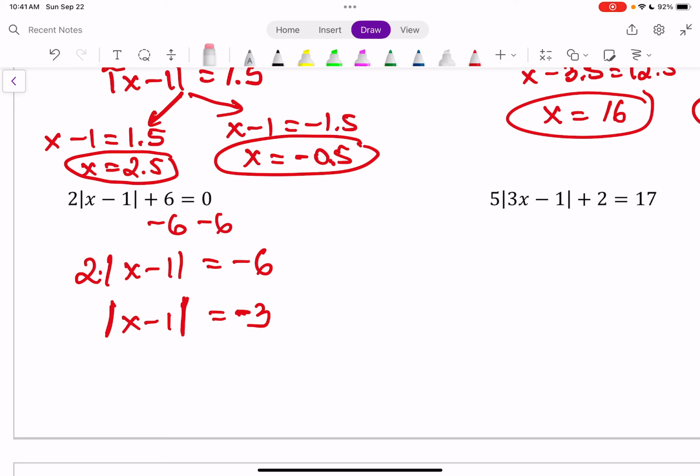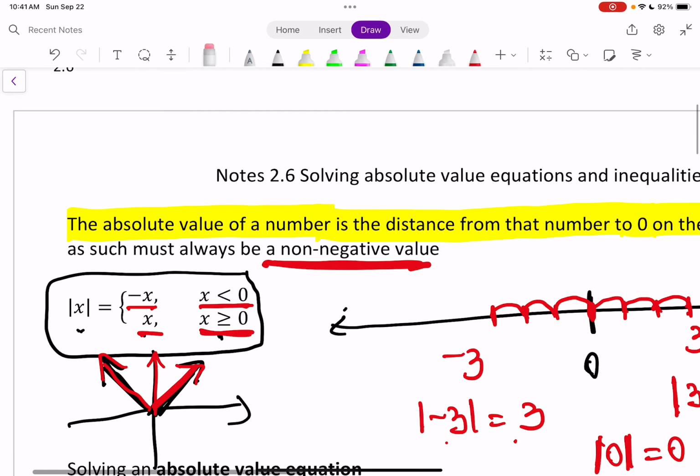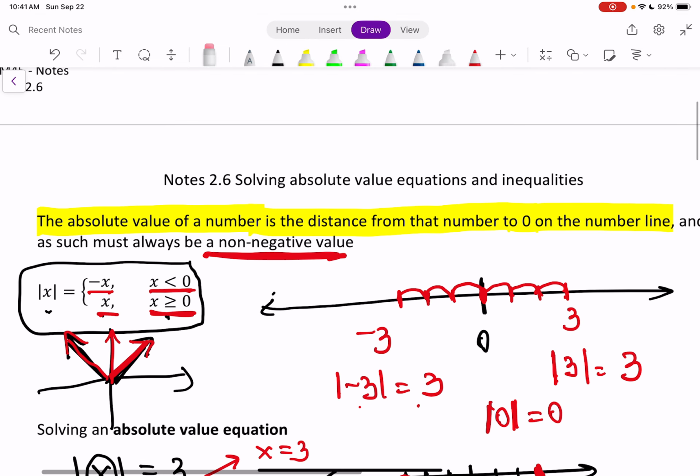So you have to be very careful with absolute values. That's why we don't get to just distribute things in, because the absolute value actually means something, and it does something to the quantity inside. What it does is always make the quantity inside the absolute value positive. So the absolute value always has to be a non-negative value.